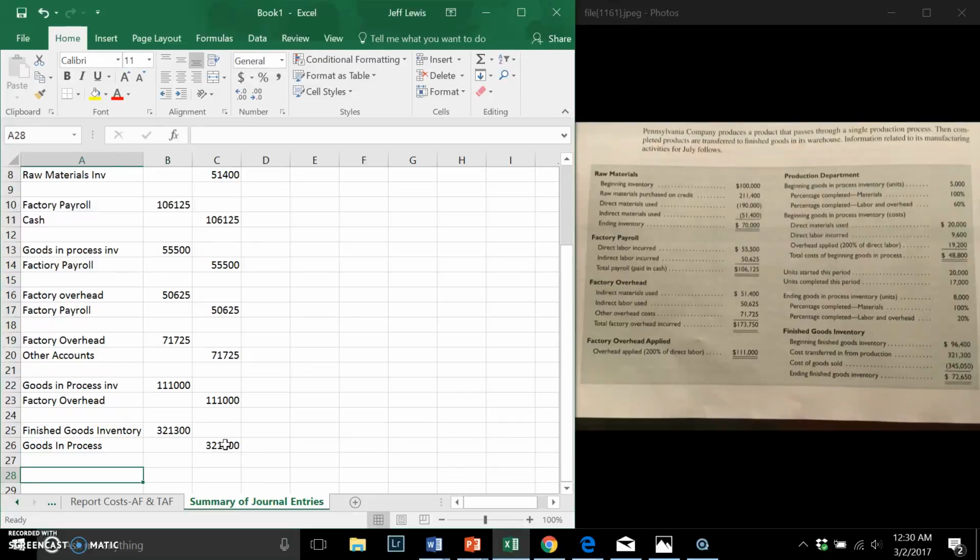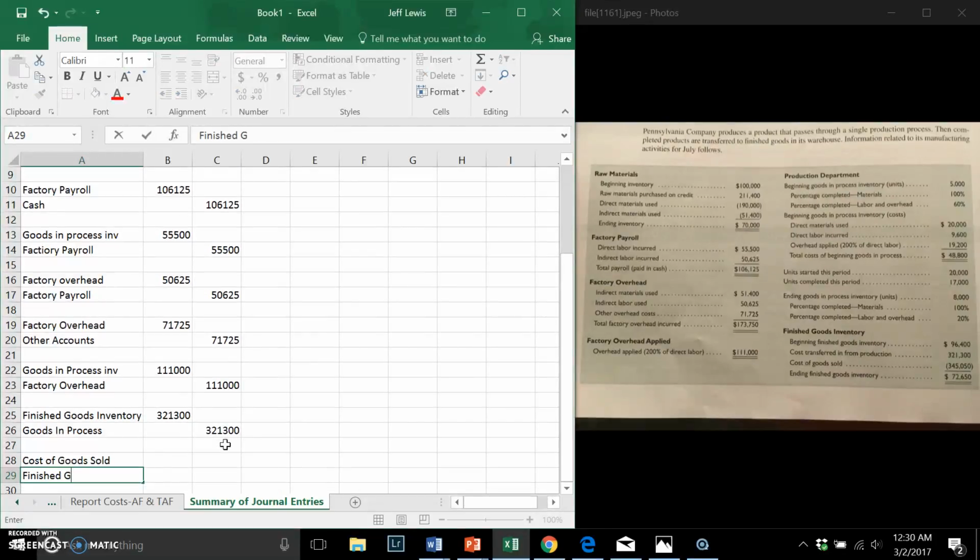And then the final entry is record cost of goods sold. So we're going to do cost of goods sold and finished goods inventory. To find those numbers, you look right here for the cost of goods sold, 34,505.